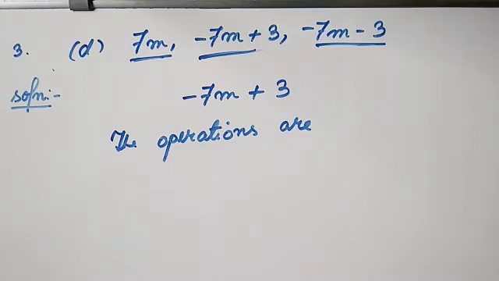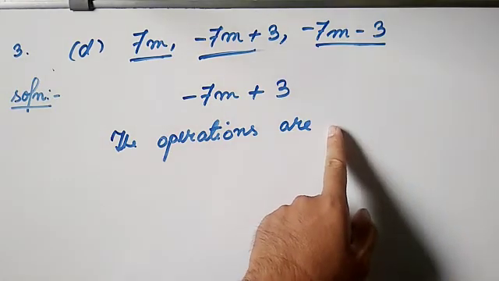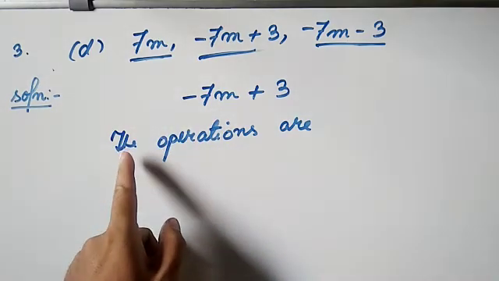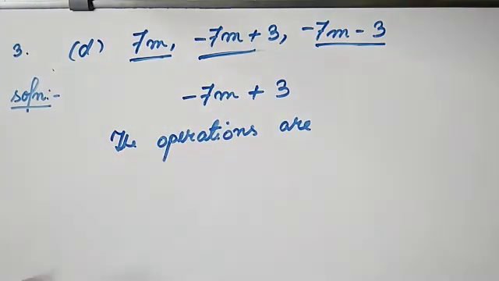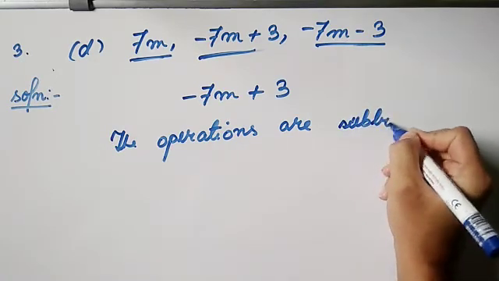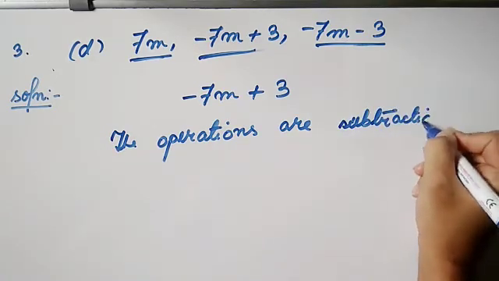The kind of mistake that most students will make is that first they will look at this sign, the minus sign, and they will write the operations starting with subtraction.